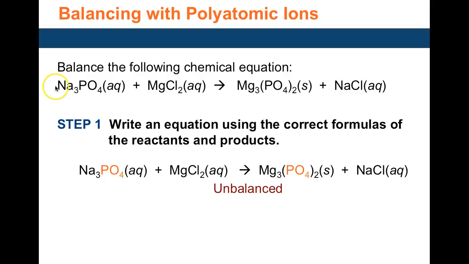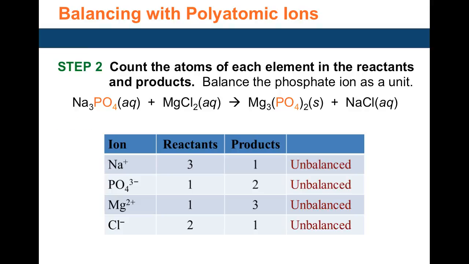Then if you put a 2 here, that would give you 2 phosphates, and you have 2 phosphates on the other side. If you put a 3 in front of the magnesium chloride, you get your 6 chlorides. You put a 6 here, you get your 6 chlorides, and you get 3 magnesium, and you have 3 magnesium on the other side, and that would be the final balanced equation.